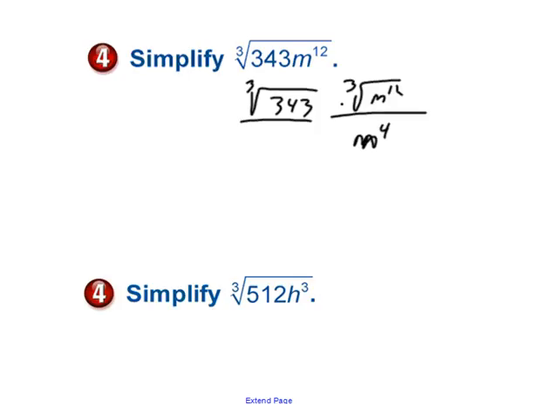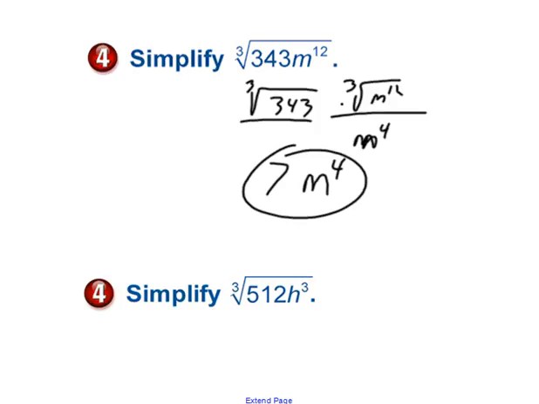I type in 343 and take the cube root and I get 7. 7 times 7 times 7 is 343. So it'd be 7m to the 4th.